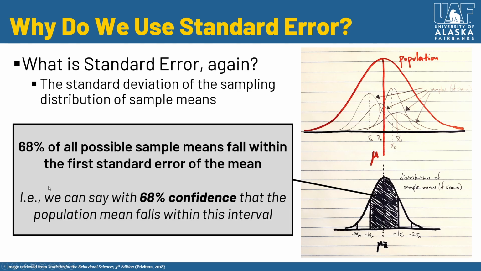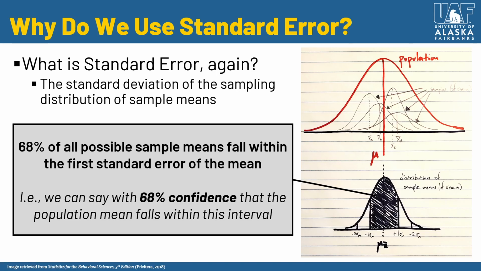In even simpler terms, we can say with 68% confidence that the population mean falls within this interval in any given sampling distribution. If we calculate a sampling distribution using sample statistics, then we can generally say with 68% confidence that the population mean falls within plus or minus one standard error of the mean.